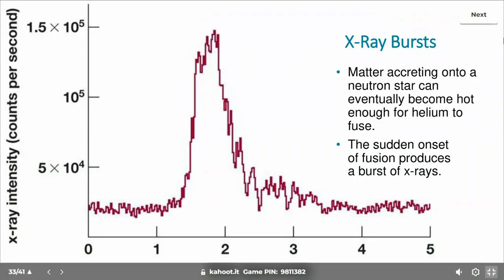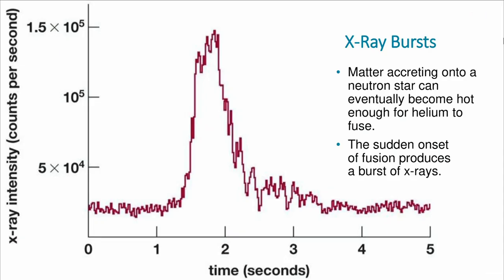And that material can eventually fall onto the neutron star, and the neutron star is going to be very hot because it was the core of a star, and any material that falls onto it is going to be hot enough to fuse. So for example, if helium falls onto the neutron star, it will be hot enough to fuse, and it will emit X-rays.